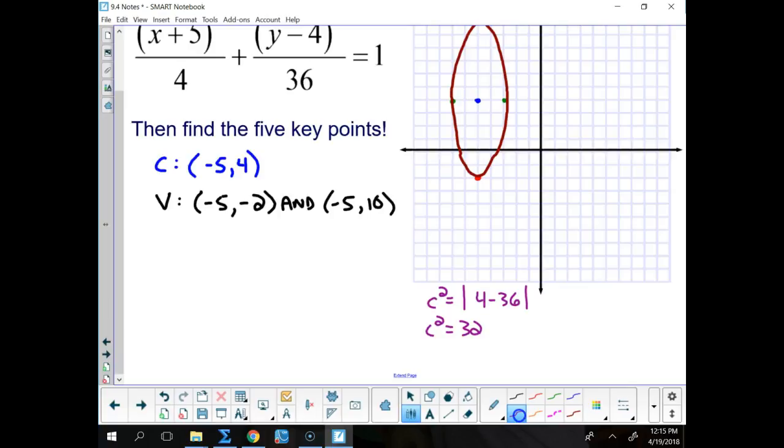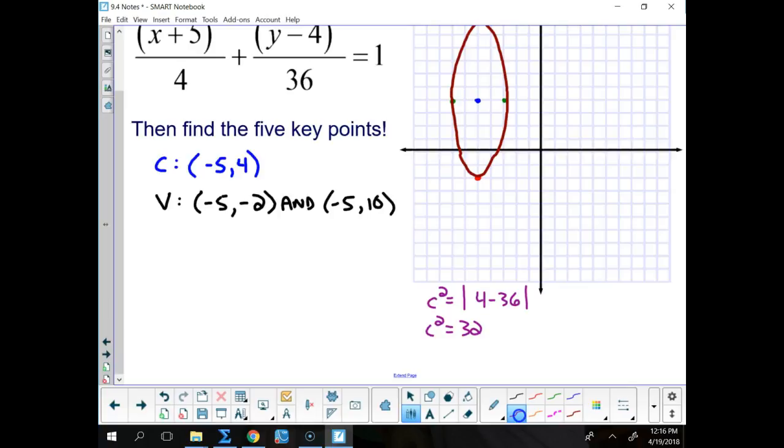Christy, do you know what the square root of 32 is? Do you know how we could get it? We look for perfect squares, right? What's a perfect square that goes in 32? Four goes in there how many times? 8 times.